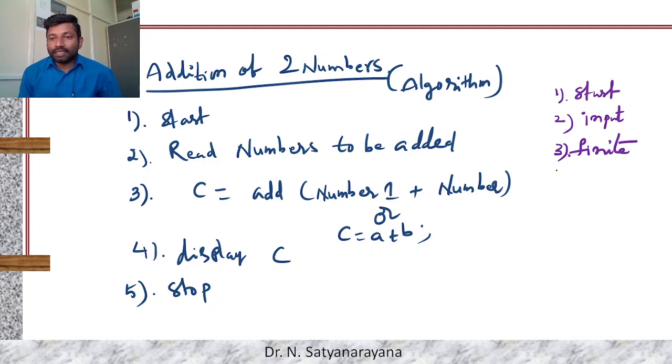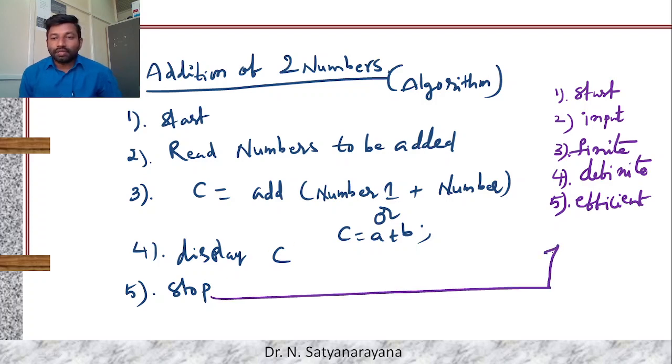They should be finite and definite, and the operations that you take care about doing the logic are to be efficient. And at the end of the day, when you write the algorithm, you have to display the output. So these must be followed.